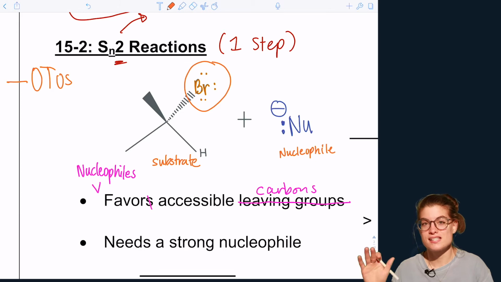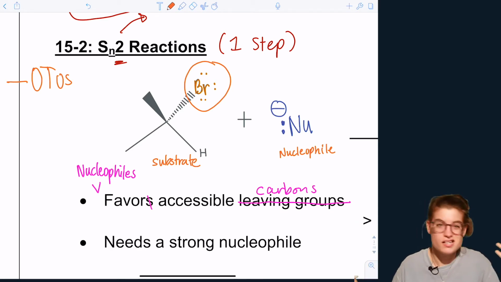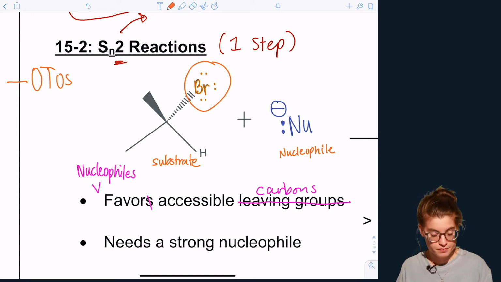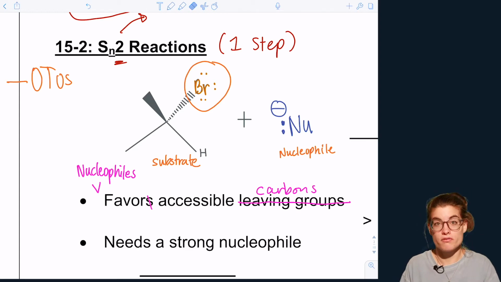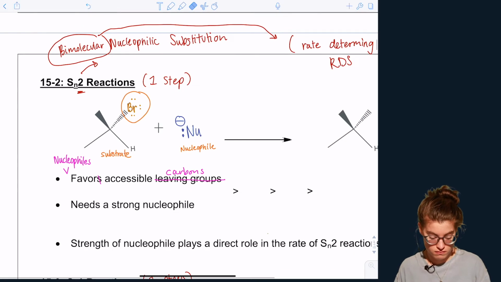So it's resonance stabilized, which means it's stable once it leaves. And if something's stable once it leaves, then it's good at leaving because it doesn't really care. I can leave, I'm stable without you, kind of stuff. Honestly, I don't remember off the top of my head what the OTos group looks like, but it is one of the more stable leaving groups known, okay? So it's just a really good leaving group.